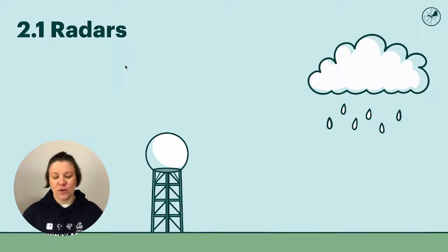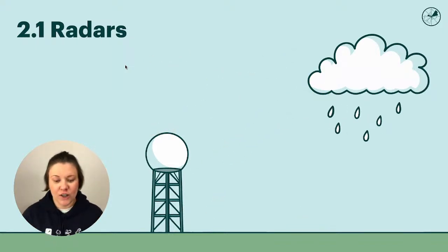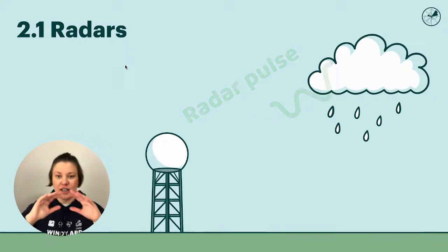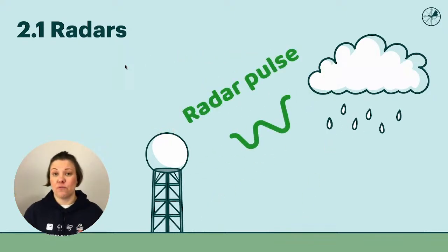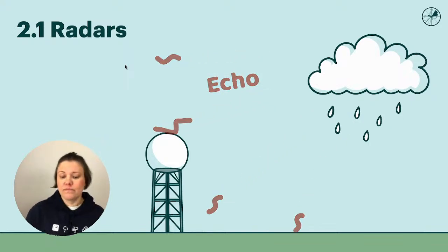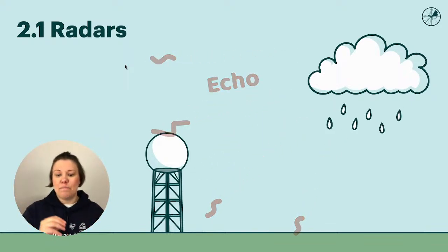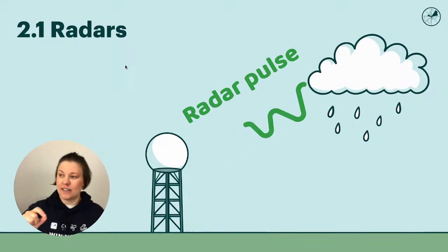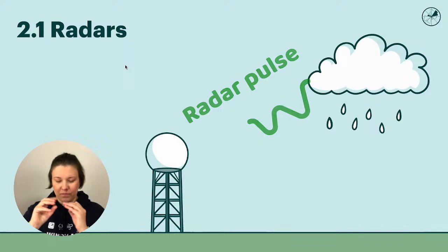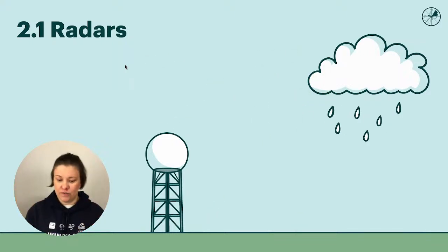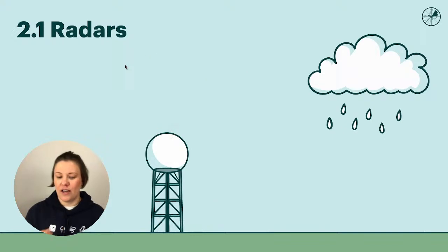Okay, so this is how a radar looks. Actually, it's like an antenna inside, but it has a special cover so that it doesn't get rusty or blown away. So it sends a signal, and then it bounces off droplets and snow particles and water vapor in the atmosphere. And then this echoes. It's called an echo.